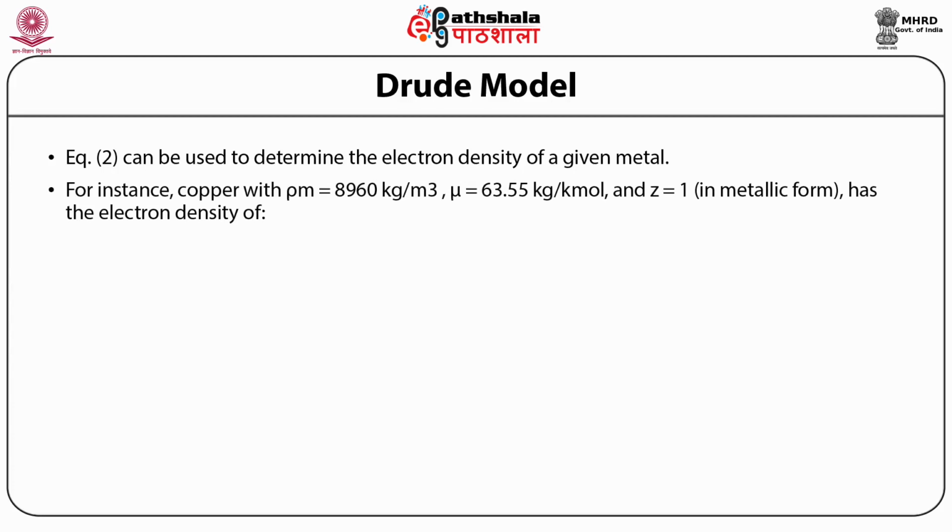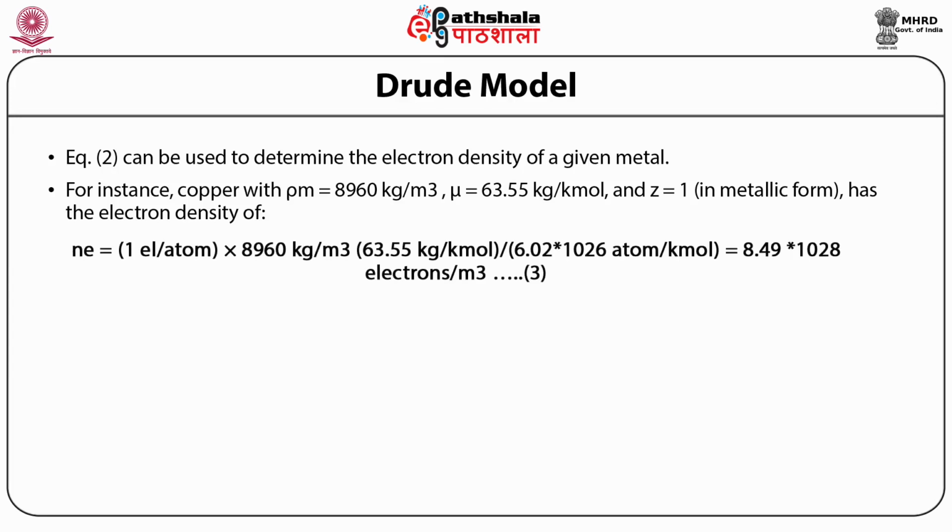For instance, copper with ρm equal to 8960 kg per meter cube, mu equal to 63.55 kg per kilomole, and Z equal to 1 in metallic form, has the electron density Ne equal to 1 electron per atom multiplied by 8960 kg per meter cube, in brackets, divided by 63.55 kg per kilomole.